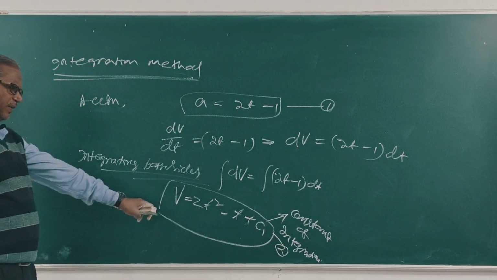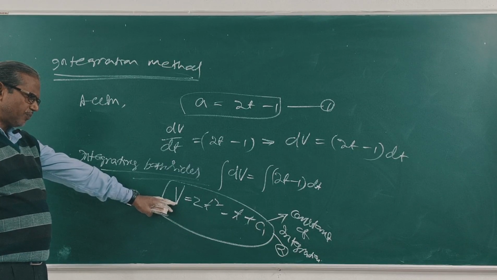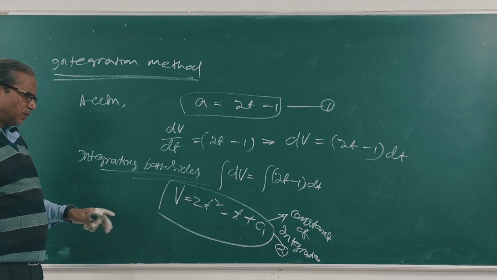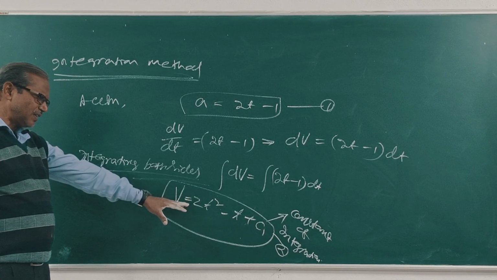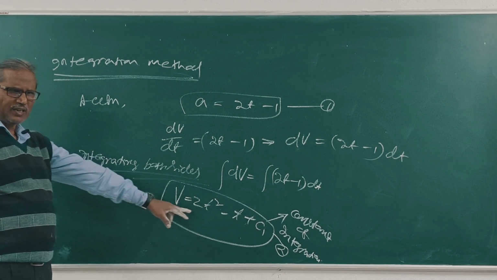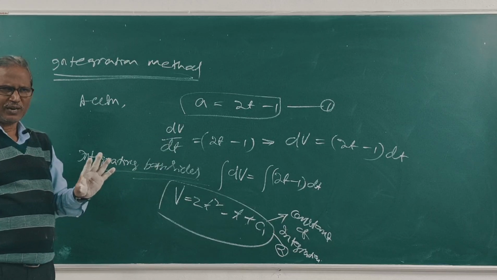So if a condition is given, you can solve this problem, this velocity, by assuming some condition. Suppose it is given that after 10 seconds the velocity is 20 meters per second. Then put t equal to 10 seconds, v equal to 20, and find c1. Put the value of c1 here. Right?